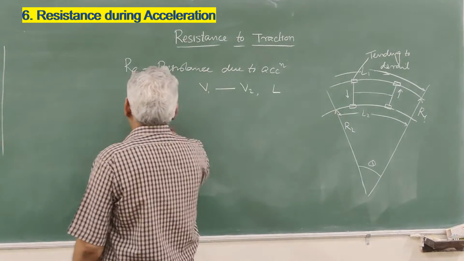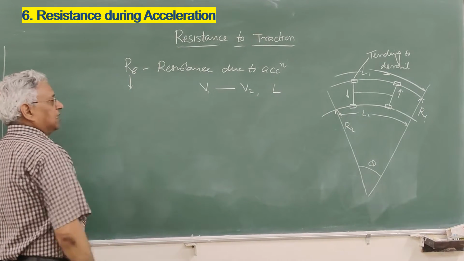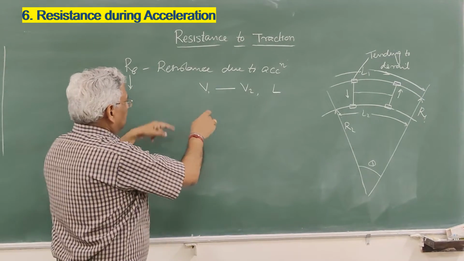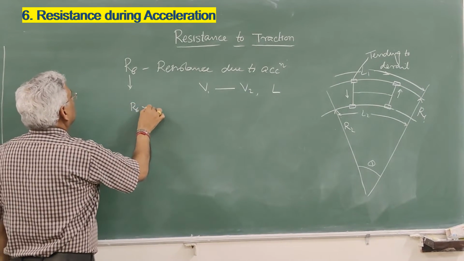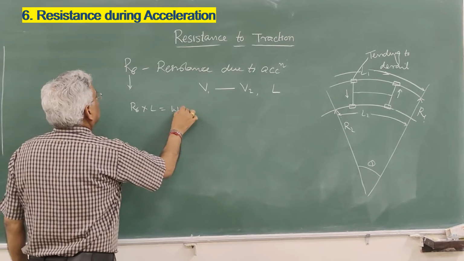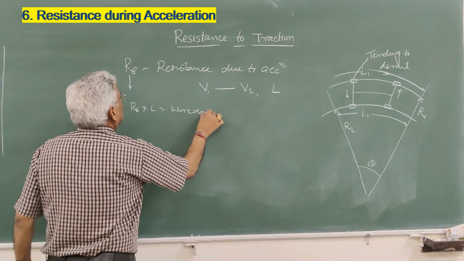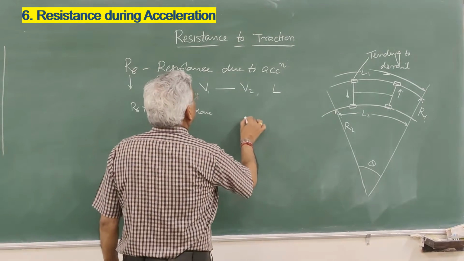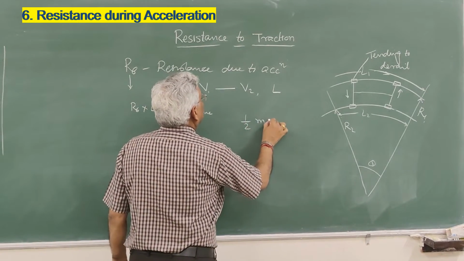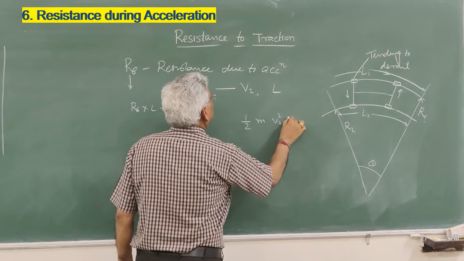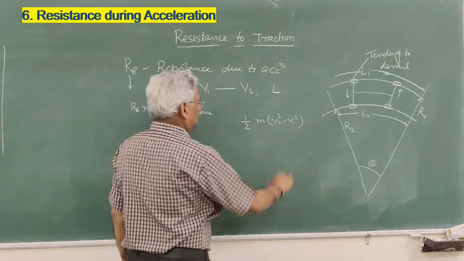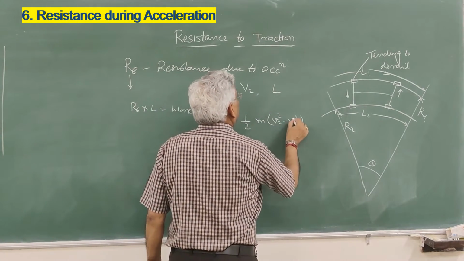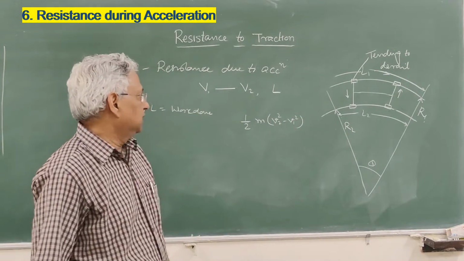So if R6 is the resistance or the force required, then this R6 into L is the work done by the engine, and the kinetic energy is half m into V2 square minus V1 square. Here V1 and V2 are in meter per second.